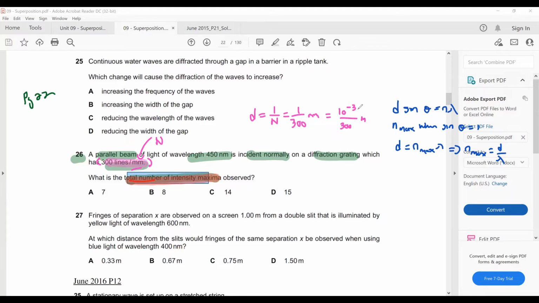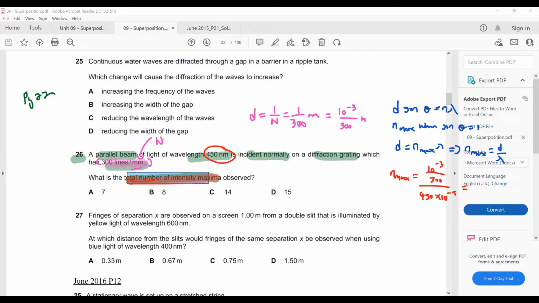This is the expression for d. Now you can sub in everything. N max is going to be 10 power minus 3 divided by 300, divided by the wavelength, 450 times 10 power minus 9.